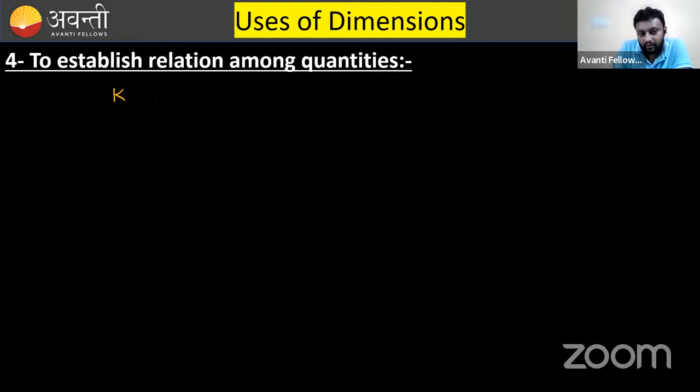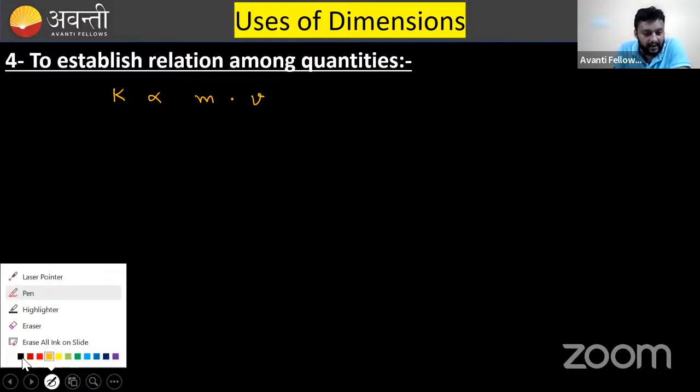The question says kinetic energy depends upon mass and velocity. The question is saying that the kinetic energy of a body depends upon its mass and its velocity, its speed. So can you establish a relation for the kinetic energy? Can you establish a relation? So this is the statement.